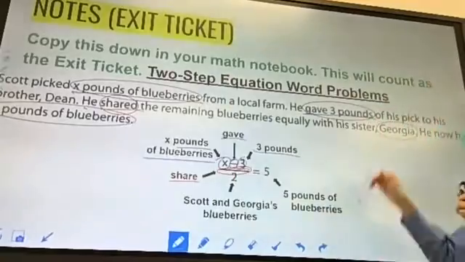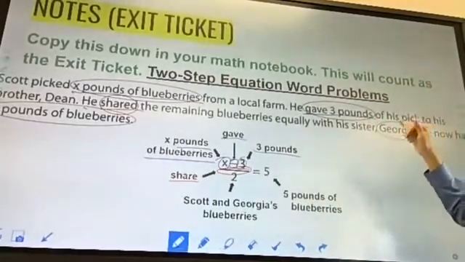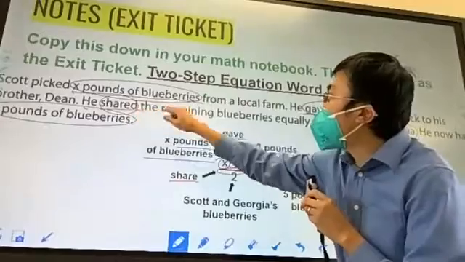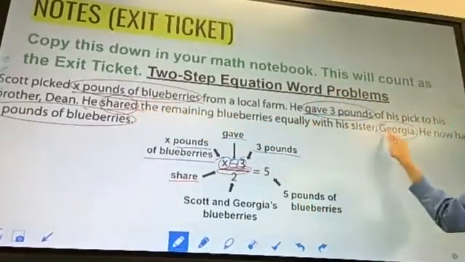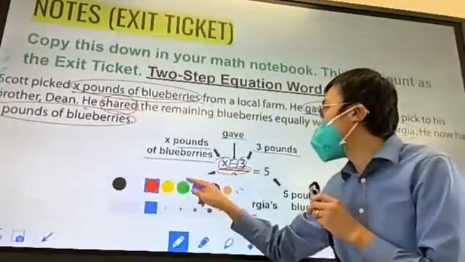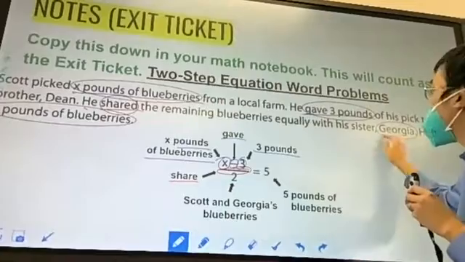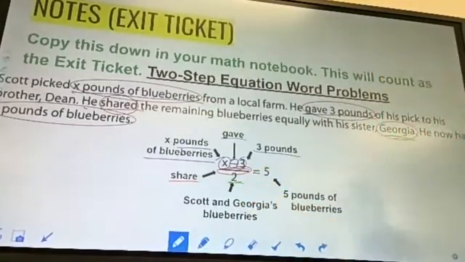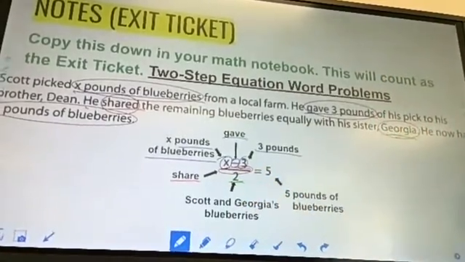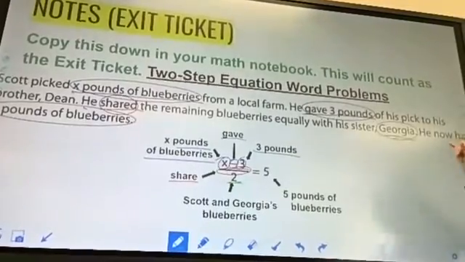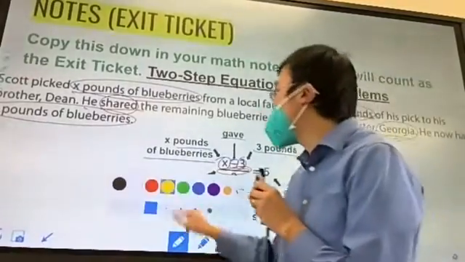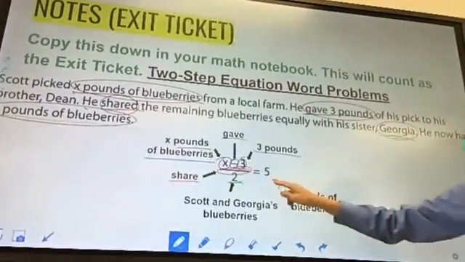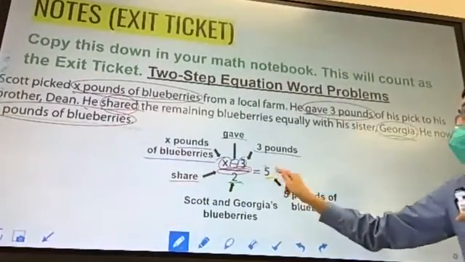And then we know it's 2 people because it's only Scott, and he shares the remaining equally with his sister, Georgia. So we're dividing it by 2 because Scott and Georgia are the only ones having the leftover berries. And then we know at the end, he now has 5 pounds of blueberries. So 5 pounds of blueberries now, that's the ending result.